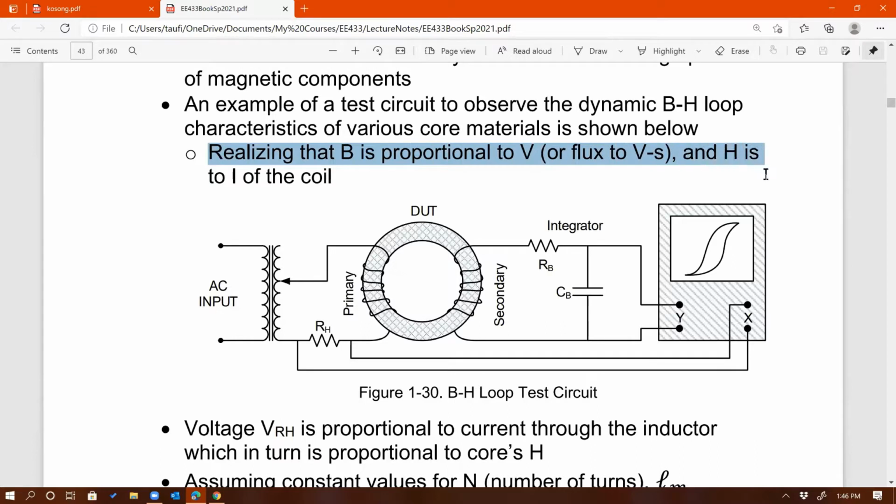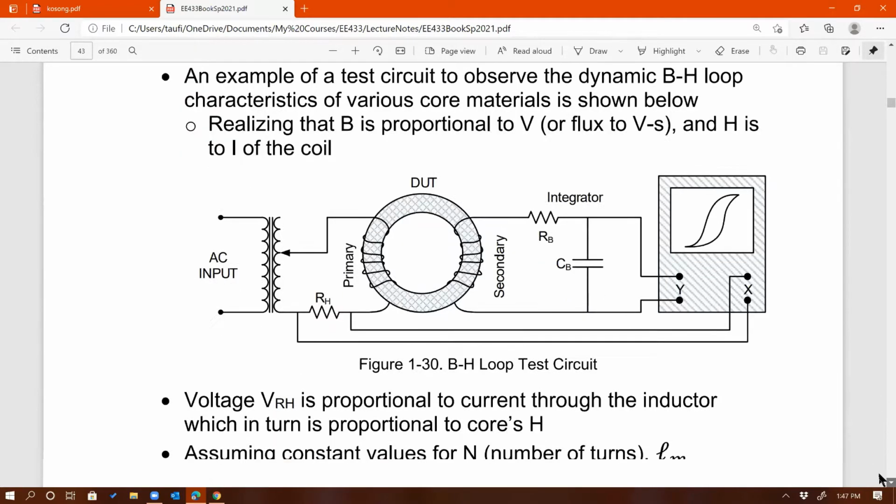We know from the previous materials that flux density is proportional to voltage, whereas field intensity is proportional to current, right? So that's what we're going to do. We're going to measure B and H indirectly using voltage and current, which I think is cool, right? You're going to get basically a scaled down or up loop, right?